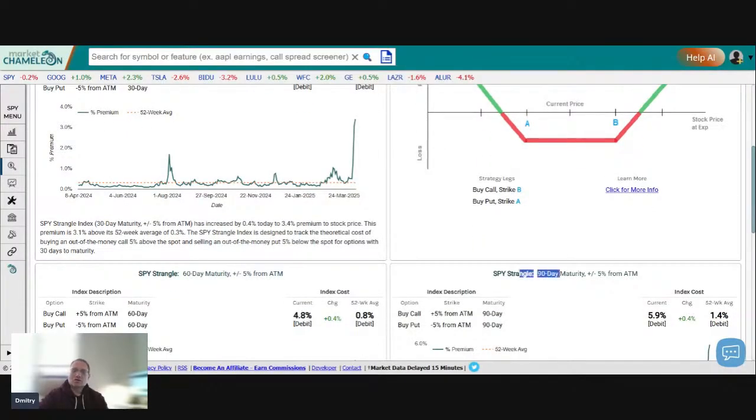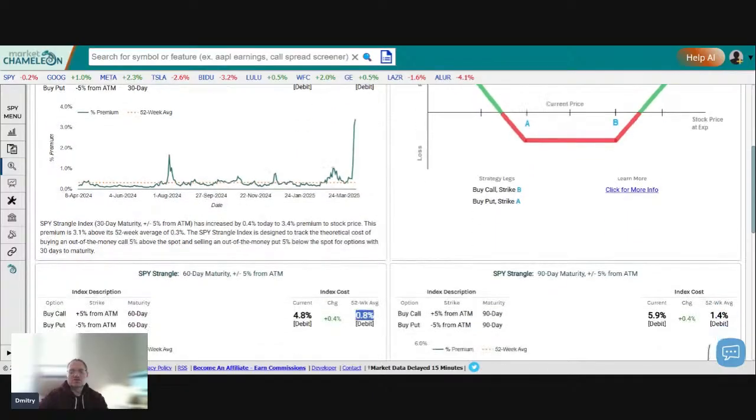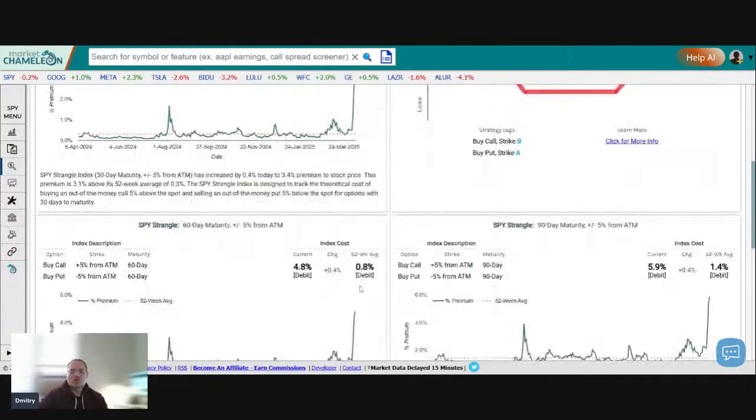If you go out another 30 days, from 60 days, you're adding 1.1% in premium, and you could see the differences historically, from 0.3 to 0.8, a 0.5%, from 0.8 to 1.4, that's 0.6%.